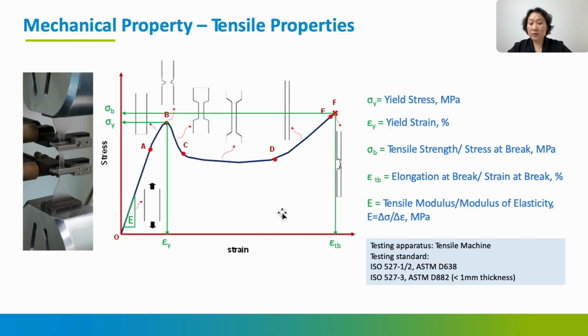From this curve, we can obtain mechanical properties such as yield stress, yield strain, tensile strength, elongation at break, and the modulus. These properties help us judge whether the material is rigid or flexible, brittle or ductile, plastic or elastic.